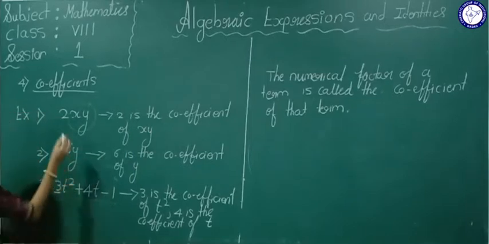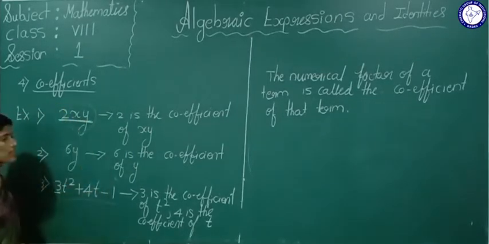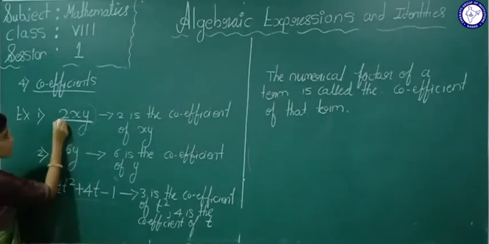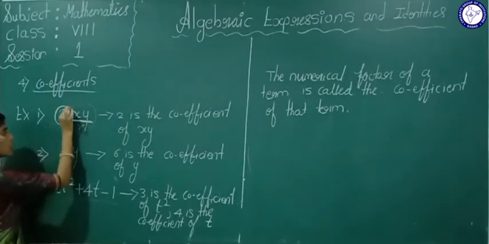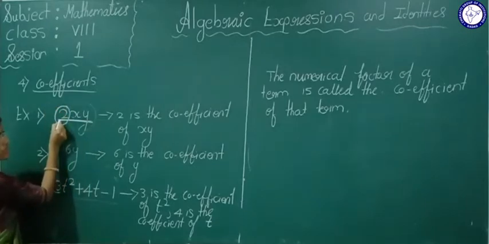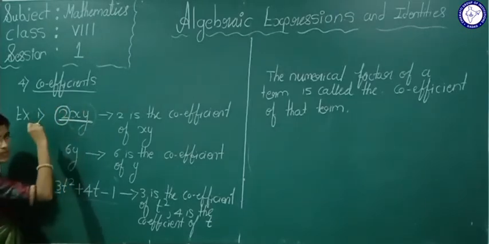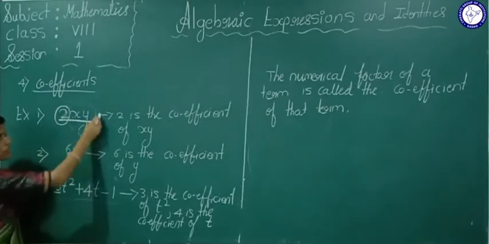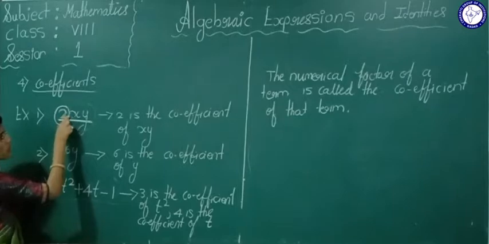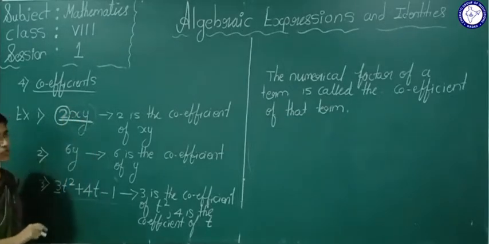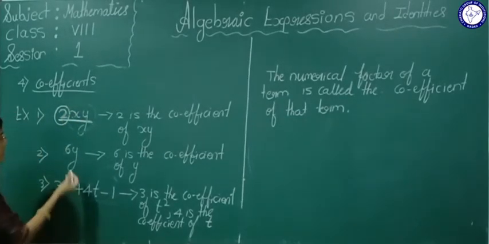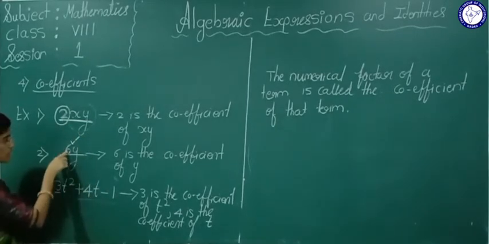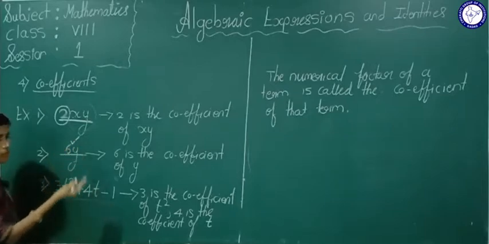Now see here, this 2xy is one term. This is an algebraic expression, right? In this 2xy, here 2 is there, no? This 2 is a numerical factor of this term. Yes or no? Here 2 is the numerical factor of this 2xy. This 2 is called the coefficient of xy. Now see here, which is the numerical factor? 6 is the numerical factor in this term, yes or no? 6 is the coefficient of y.